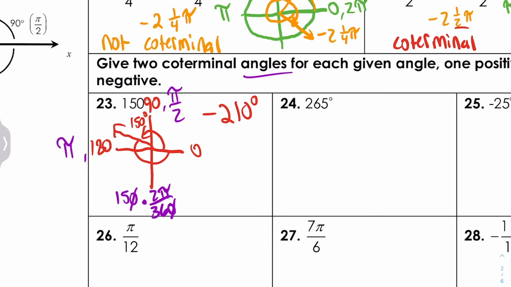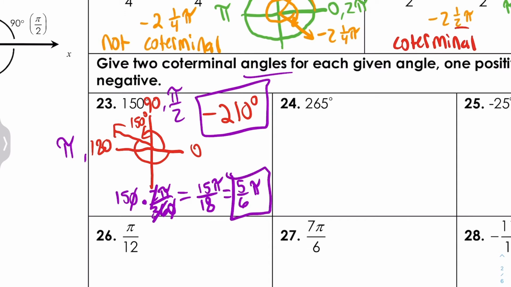The zeros cancel. The 2 will change this to be an 18. We'll get a 15 pi over half of 36 is 18, which reduces, they both have a 3 in common, to 5/6 of pi. Let me box those. 150 degrees is the same thing as negative 210 degrees or 5 pi over 6 radians.